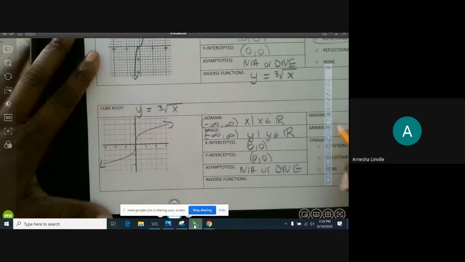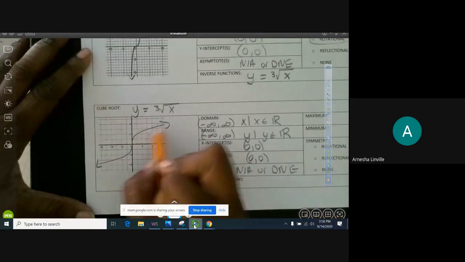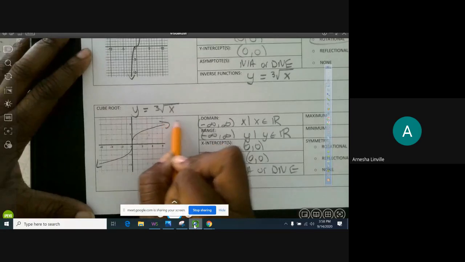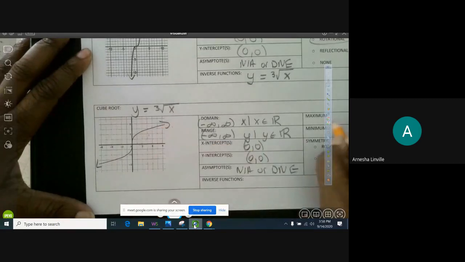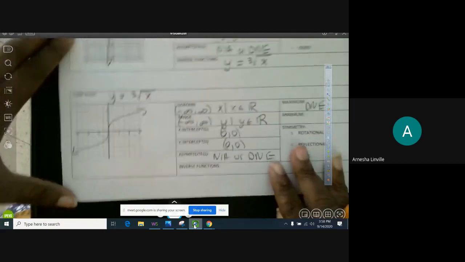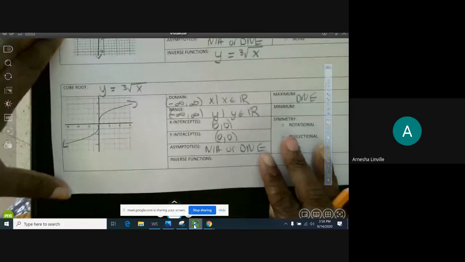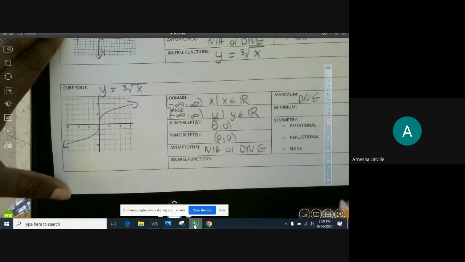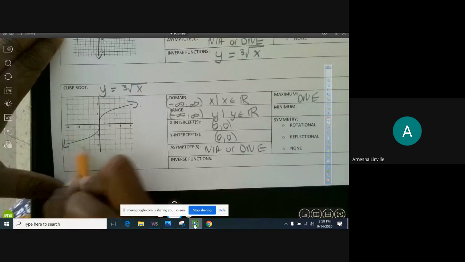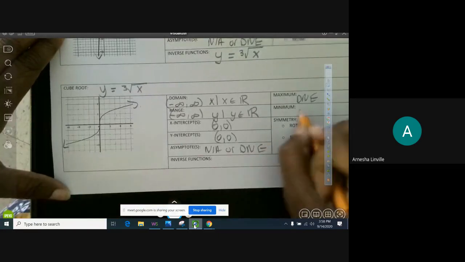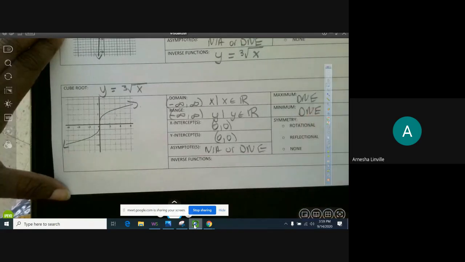The maximum, so if you look at the top, this is continuing, so there isn't a maximum. Does not exist. If you look at the minimum, you look at the bottom, doesn't stop, does not exist.